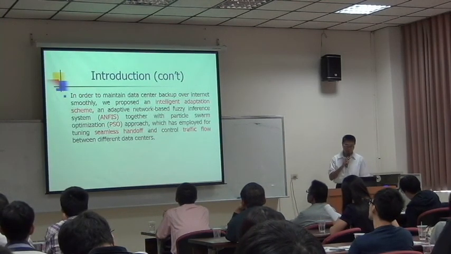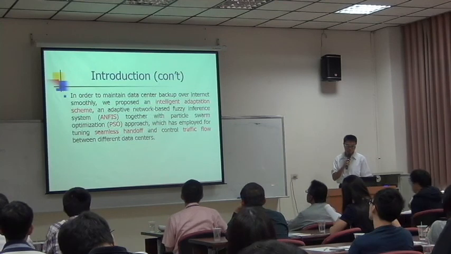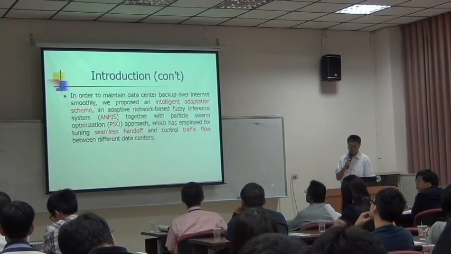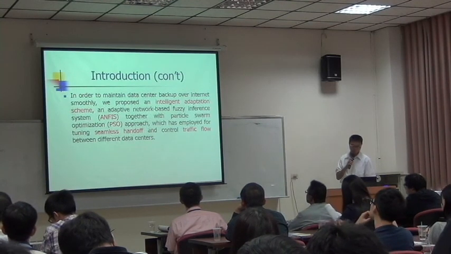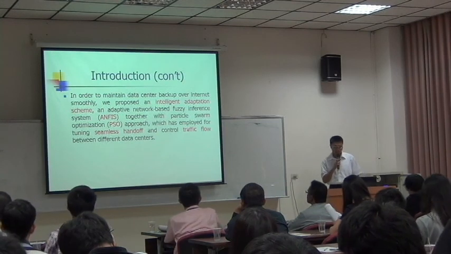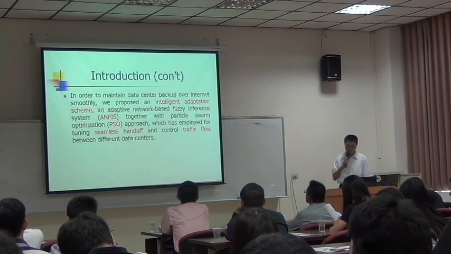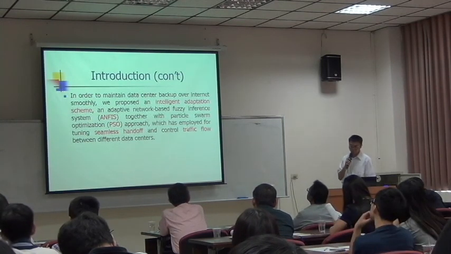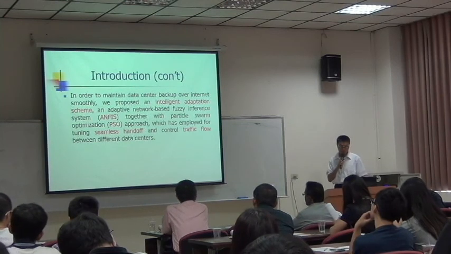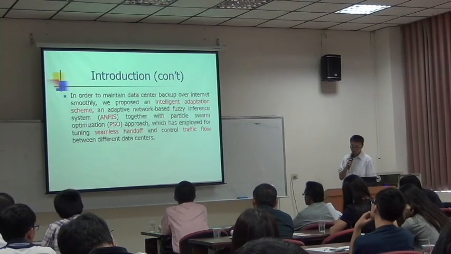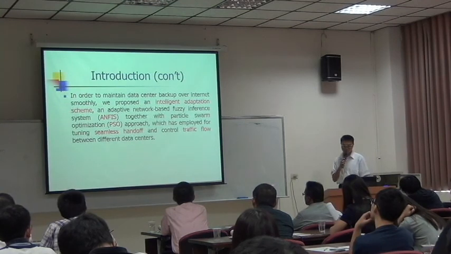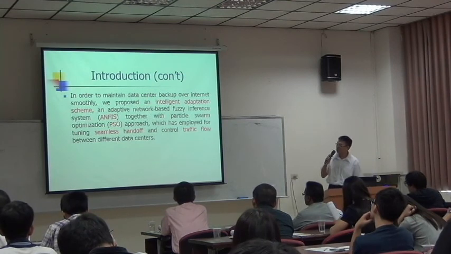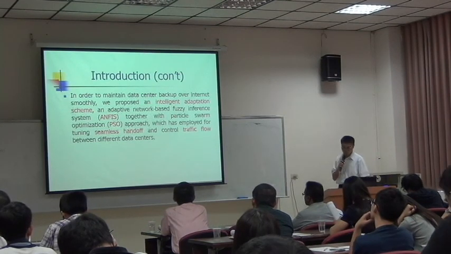In order to maintain data center backup over the internet smoothly, we propose an intelligent adaptation scheme, an adapted framework based on a fuzzy inference system together with a particle reward optimization approach, which has been employed for tuning seamless handoff and control traffic flow between different data centers.